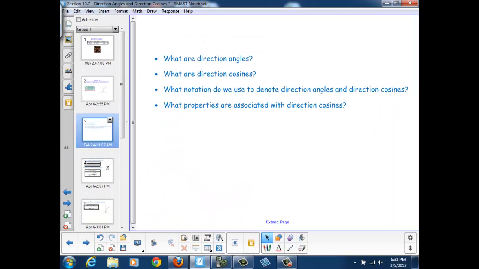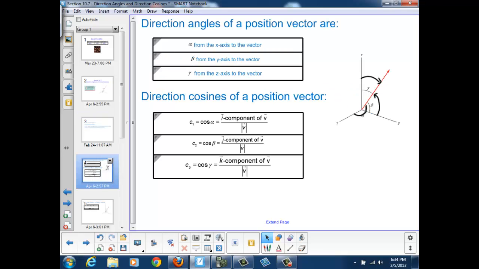What are direction cosines? Well, they are the cosines of those direction angles, as it says. And what notation do we use to denote direction angles and direction cosines? Well, for our direction angles, we use alpha, beta, and gamma. For our direction cosines, we use C1, C2, and C3.